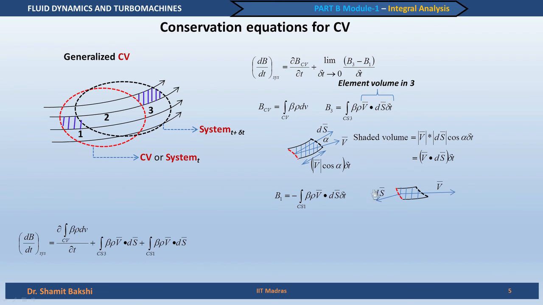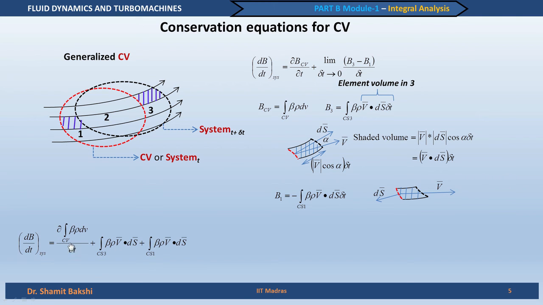So, now if we incorporate this value of B1 and this value of B3 into this expression, we get an expression like this. You can see delta t will get cancelled out from the numerator and denominator as it appears here. Because of this negative sign, it can now be written as follows.